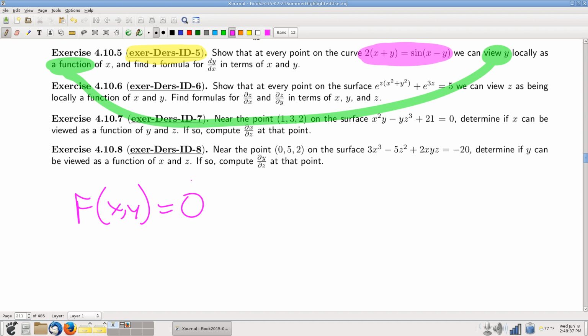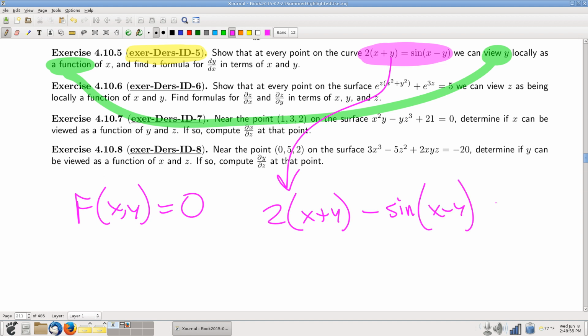So the first thing I've got to do is translate that as something equals 0, and I'm just going to take the right hand side and move it to the left and rewrite this as 2x plus y minus sine of x minus y equals 0. So this is my f of x, y. Is that cool?